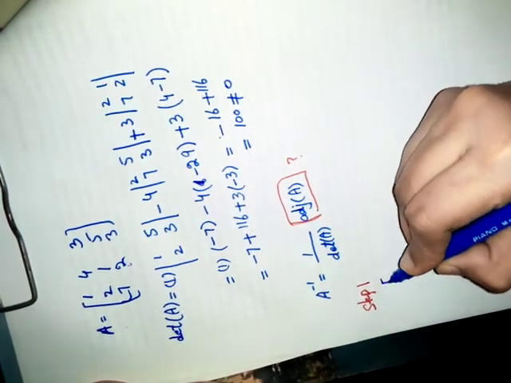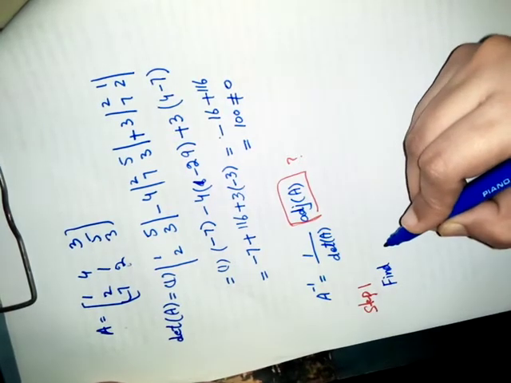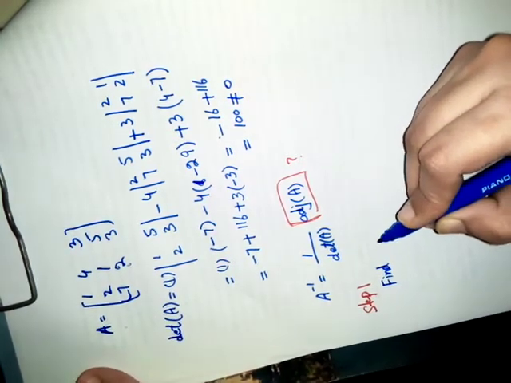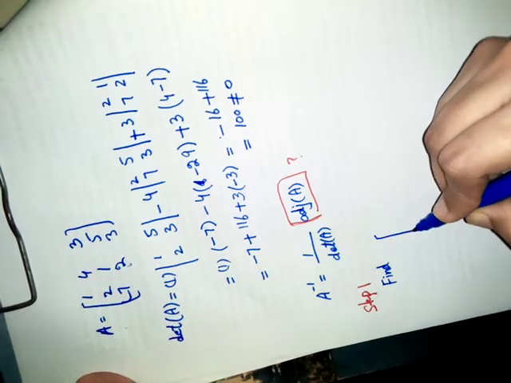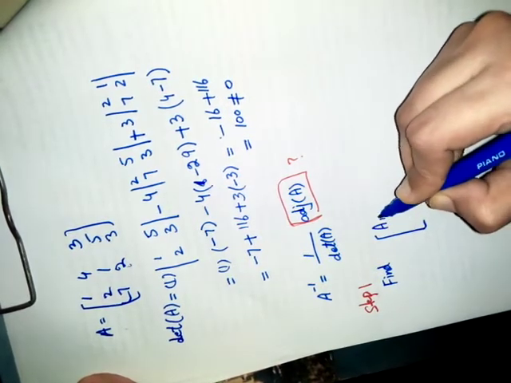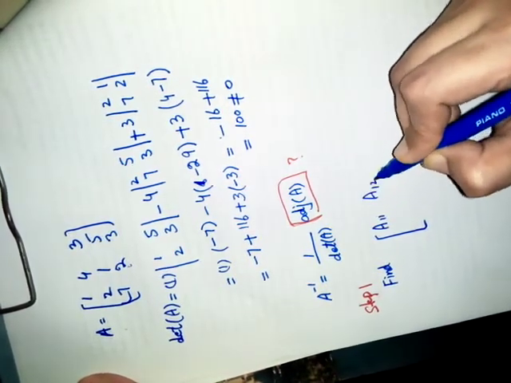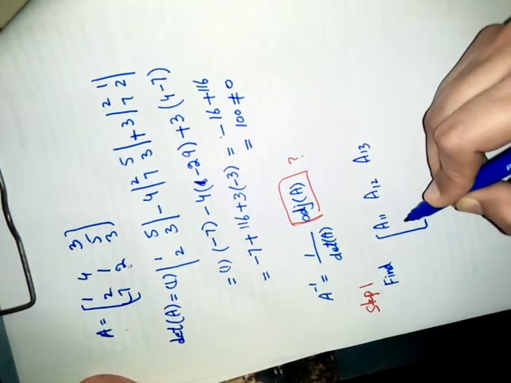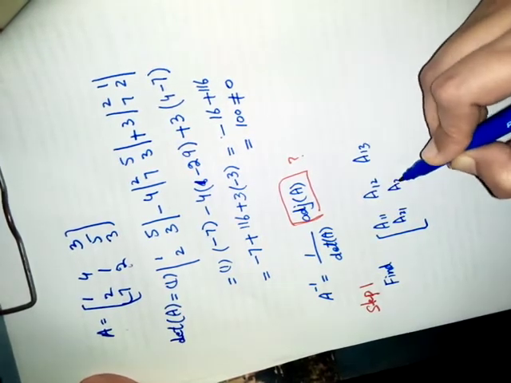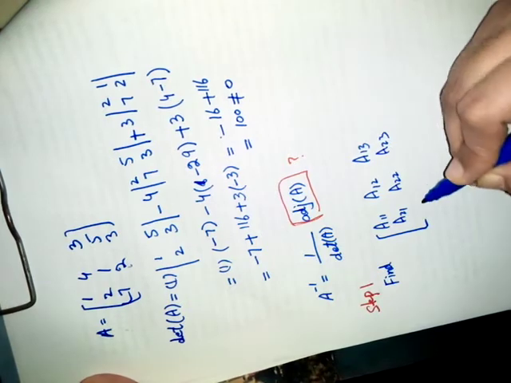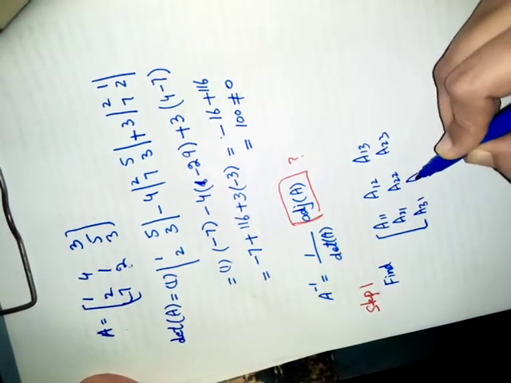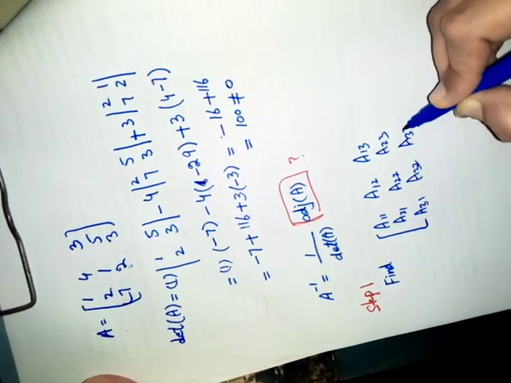First find the minor matrix A11, A12, A13, A21, A22, A23, A31, A32, A33.